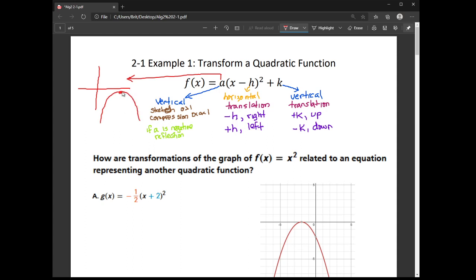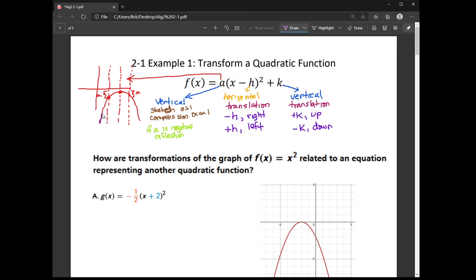Here's my vertex, and this here is 1 unit left or 1 unit right. My a value tells me how far. I'm hoping this makes a little bit of sense here.